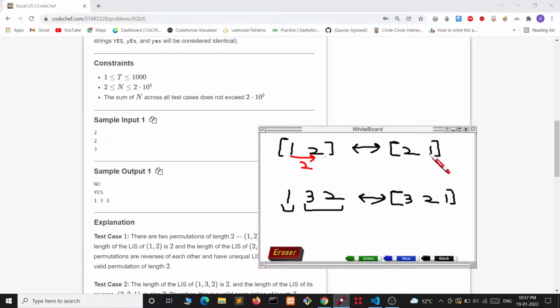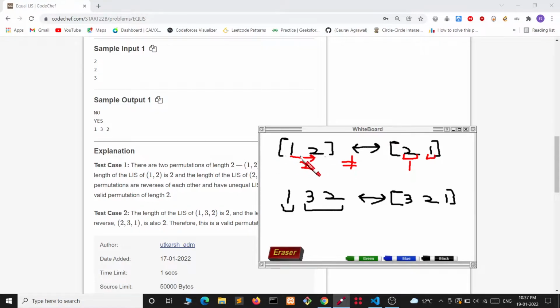In 2, 1, we can take either 1 or 2 as a longest increasing subsequence, so the maximum length is 1 only. So 1 is not equal to 2. We cannot get any permutation of length 2 such that the length of the longest increasing subsequence in its reverse form is also the same.